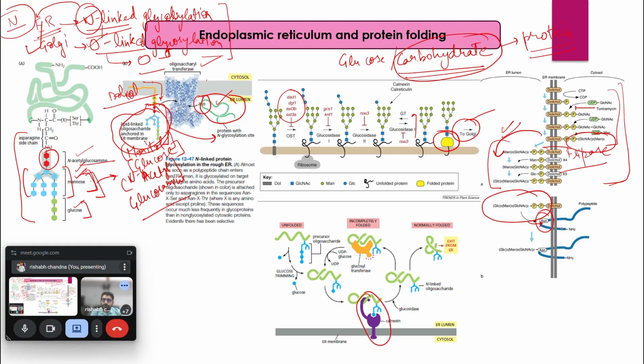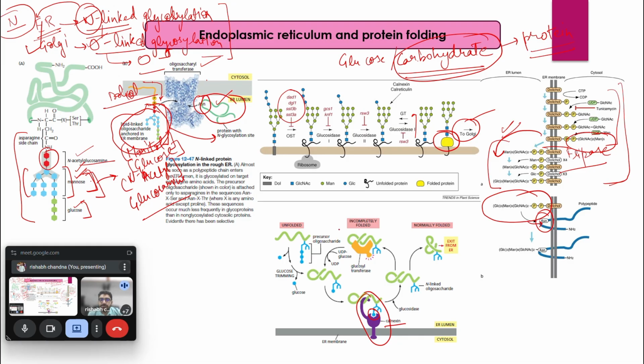After this attachment, there is a chaperone called calnexin. It recognizes this particular oligosaccharide, and if the required number of glucose molecules are not present, it will help in glucose trimming or glucose addition.